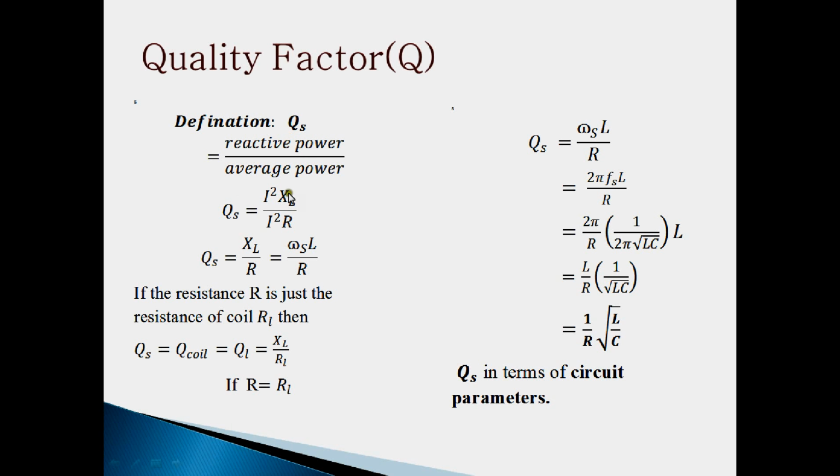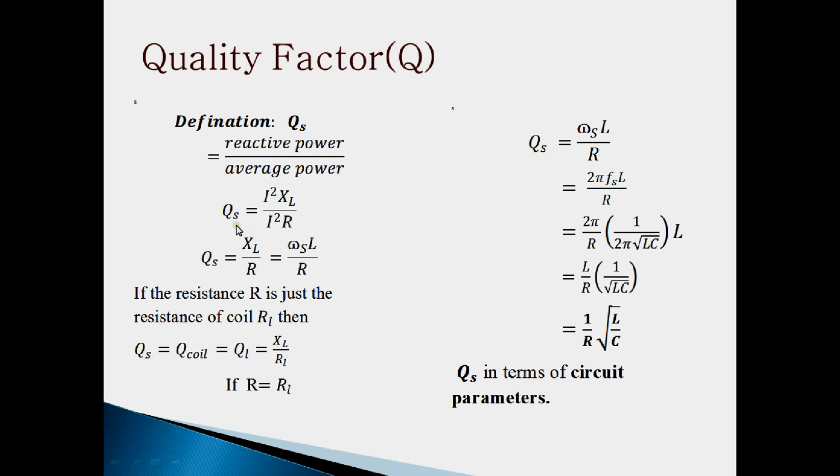formula for power is current square, I square, into impedance. So here I square and impedance is nothing but reactance of inductor XL, divided by I square into average power. For average power we are calculating QS. QS means resonance condition quality factor.